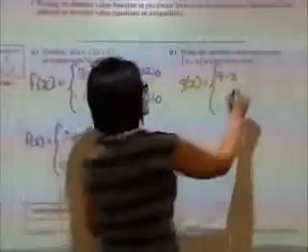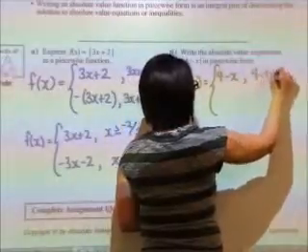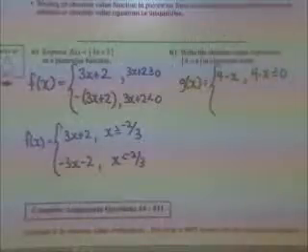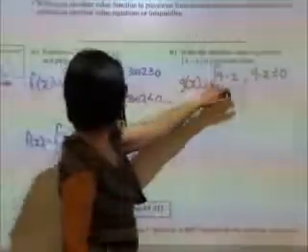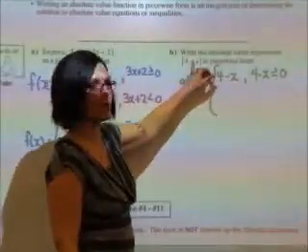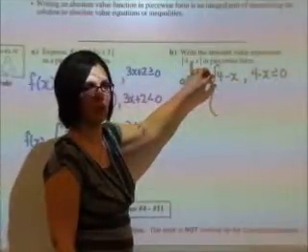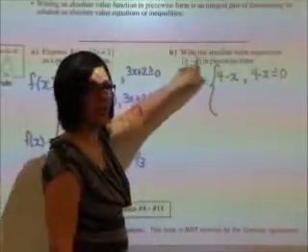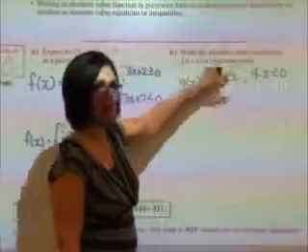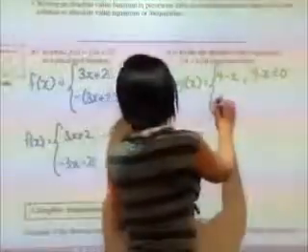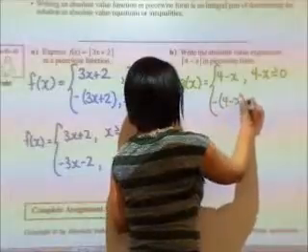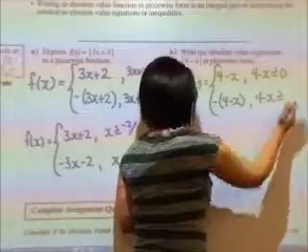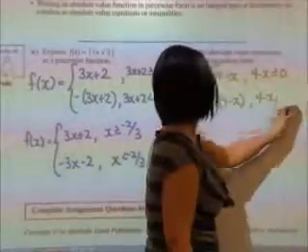And this works when 4 minus x is greater than or equal to 0, because it's positive. So as long as this value in here is positive, it will be the same as the absolute value of this one. If it is negative, so if the value in here is negative, I would have to multiply the equation by a negative. So I'd have negative of 4 minus x. And that would be for values when 4 minus x is less than 0.